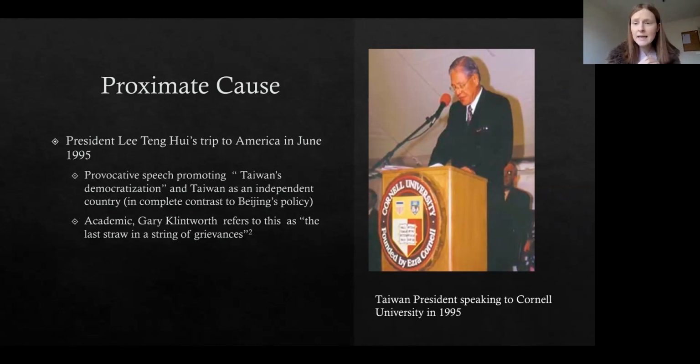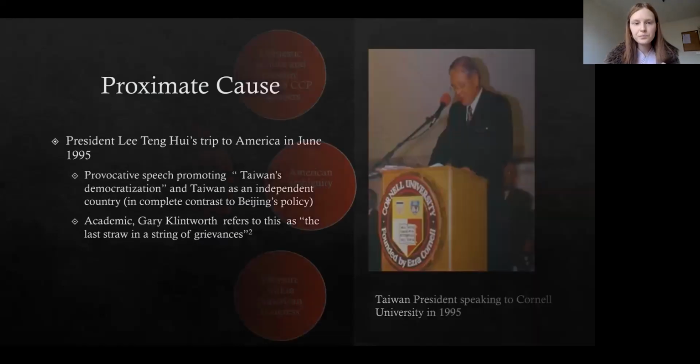I interviewed an academic, Gary Klintworth, who referred to this as the last straw in a string of grievances for Beijing. They saw this act as not only furthering Taiwan's independence movement, but also US complicity in this as undermining Beijing's sovereignty.